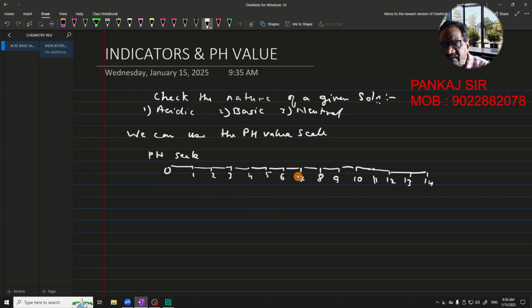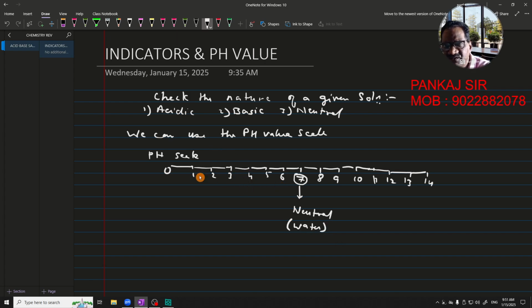Now this pH value of 7 is very important. It indicates that the solution is neutral. A solution with pH value 7 is considered to be neutral. For example, water is a neutral solution. It's neither acidic nor basic in nature.